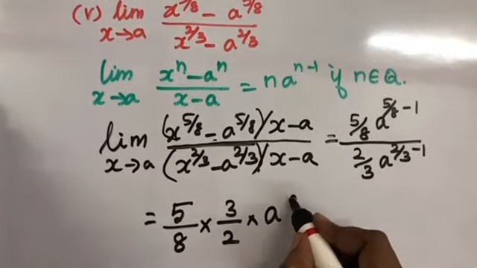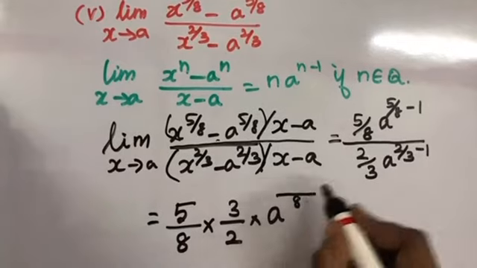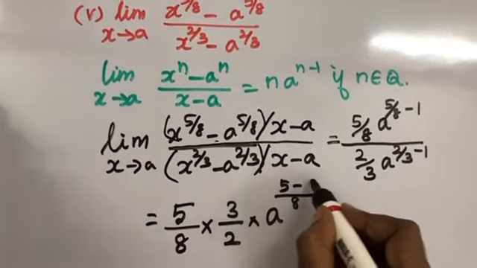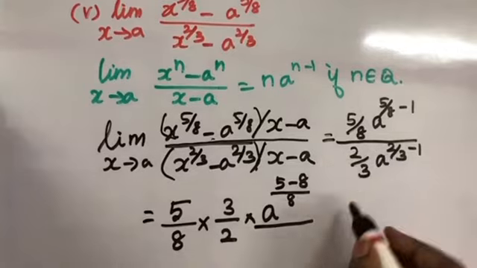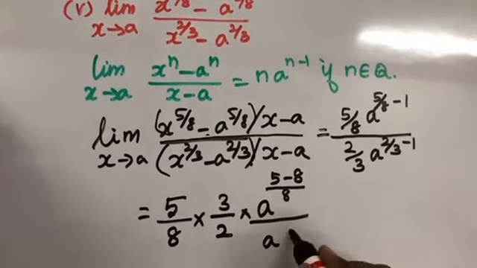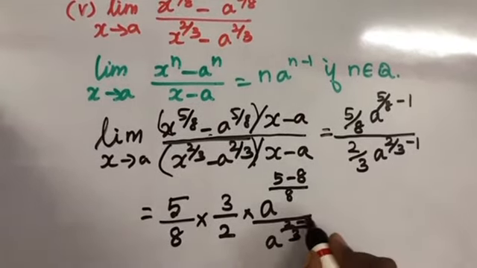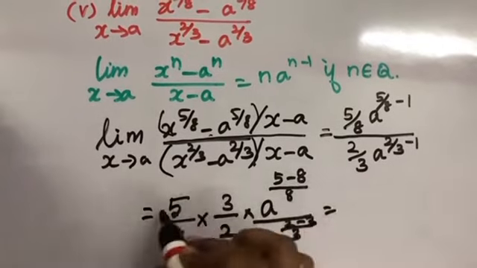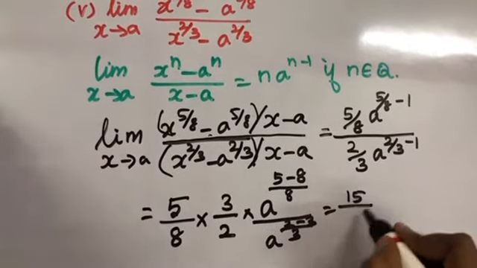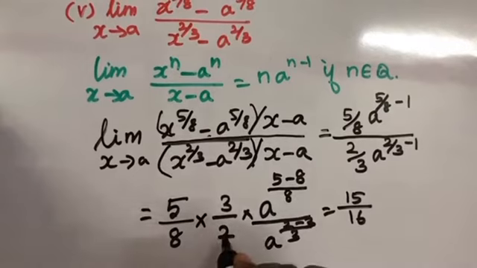Taking 8 as LCM, we have 5 minus 8. Similarly, in the denominator, taking 3 as LCM, it becomes 2 minus 3. That is 5 3s are 15, 15 divided by 16, since 8 2s are 16.